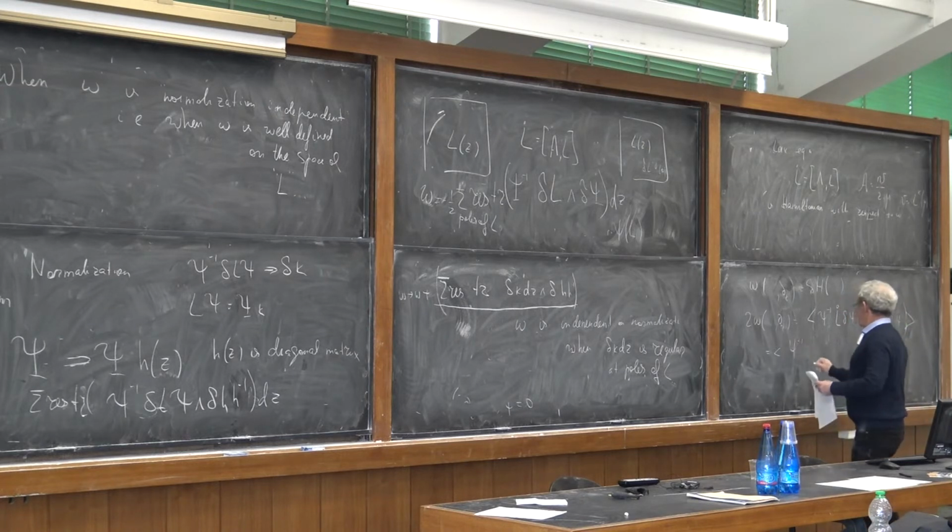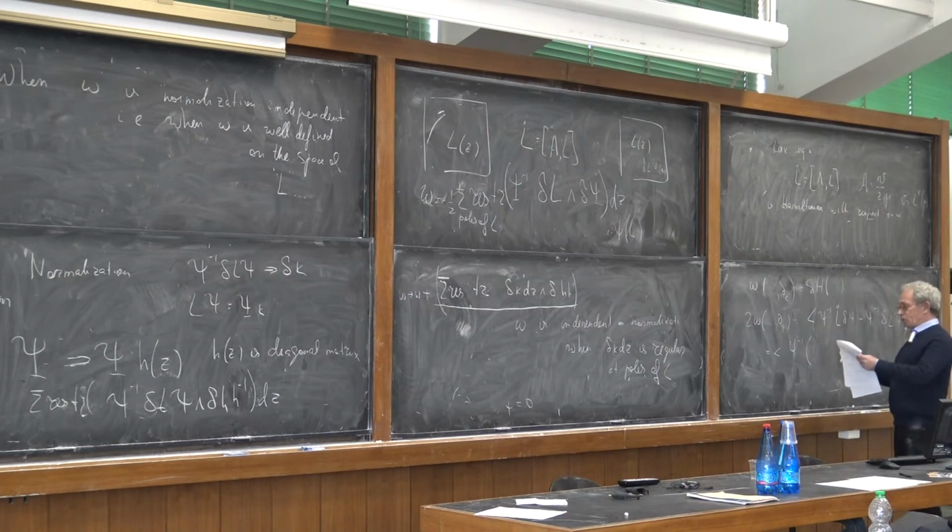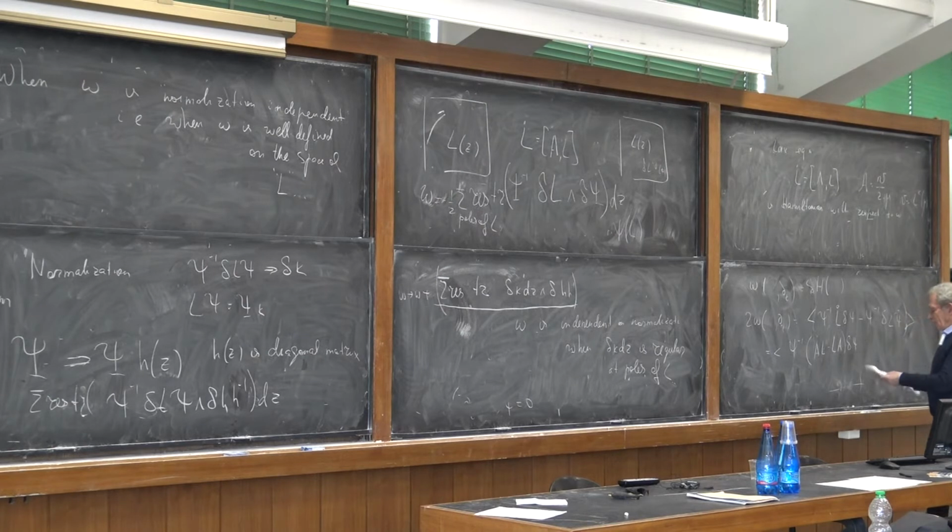Psi inverse L dot is the commutator of A and L, delta psi, minus psi inverse delta L, A psi, minus psi f.